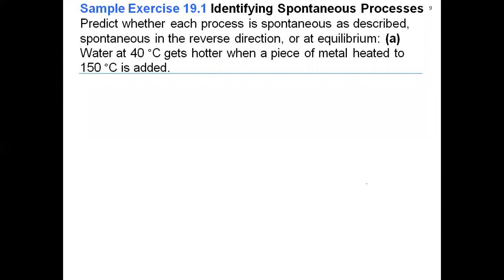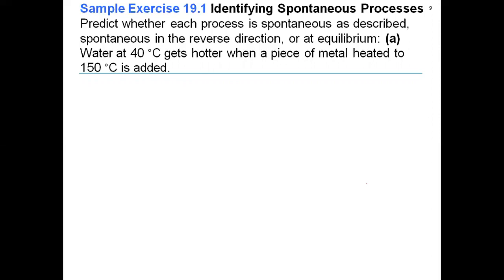The first question is whether water at 40 degrees Celsius gets hotter when a piece of metal heated to 150 degrees Celsius is added. That's the kind of situation we did in the experiment in Chem 113. We take the hot metal out from the oven, then put it in the beaker that has water, and we did not do anything else, we just drop the hot metal in the cool water.